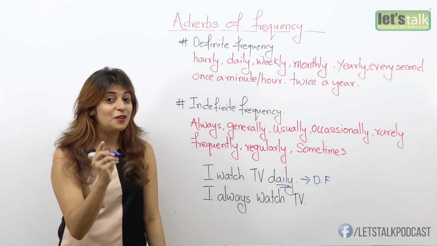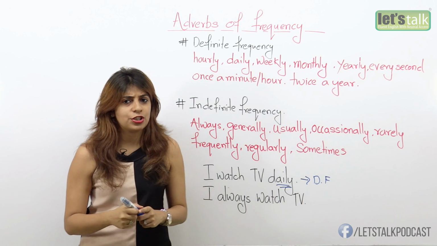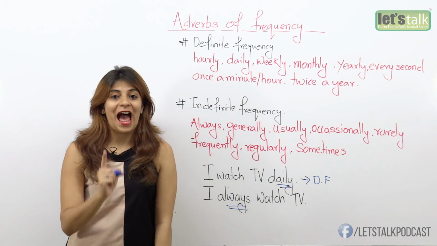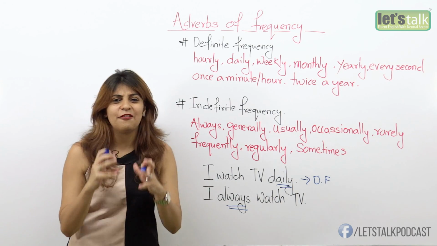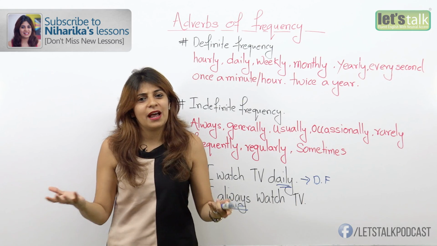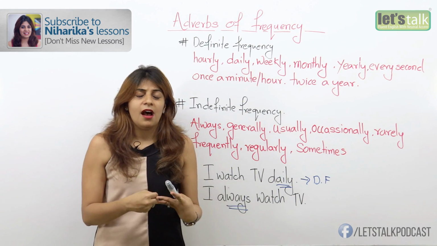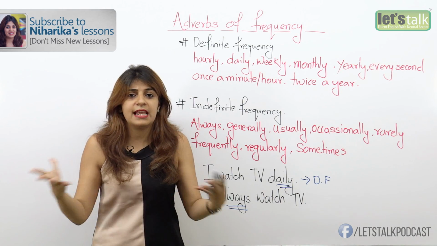And if you look at another example, I always watch TV, here always is your adverb of frequency. But there's no definite period that I'm talking about. Always just gives you an idea that probably I watch TV in the morning, in the afternoon, evening, or at night. It doesn't matter.